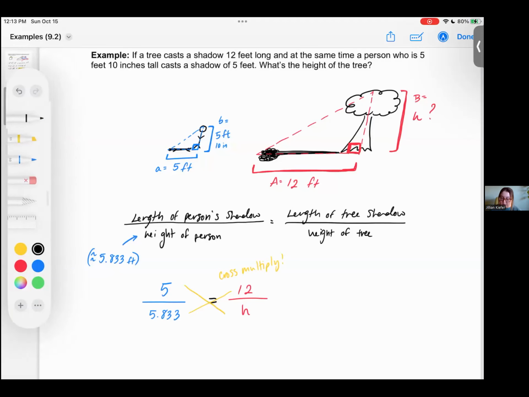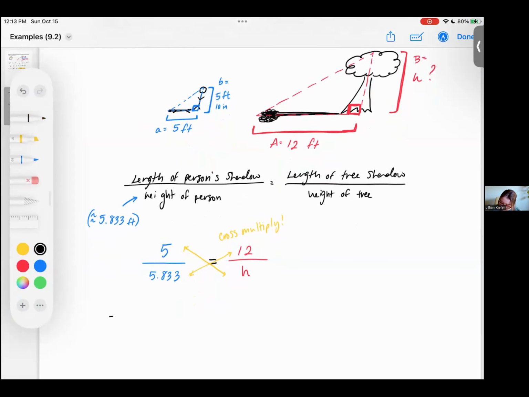So we cross multiply, and we multiply those values out. This leaves us with 5 times H is equal to 12 times 5.833. If you multiply 12 by 5.833, you should get a value that is exceedingly close to 70, so we're going to round that to 70.